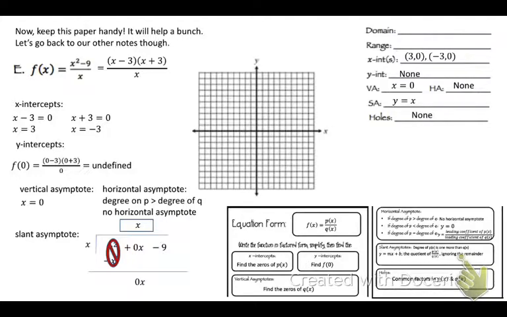So now let's just graph everything we know. So (3, 0), there's going to be a point right there. (Negative 3, 0), there's a point right there. There's no y-intercept. My vertical asymptote is x equals 0, so that's that. There's no horizontal asymptote. And then my slant asymptote is y equals x, which is that line right there. Okay?